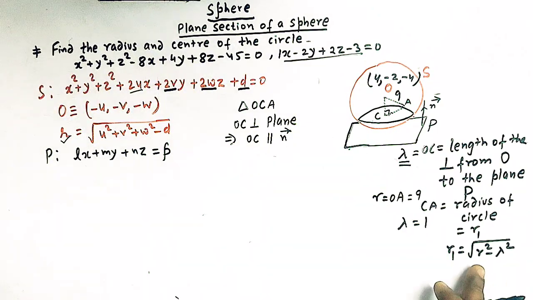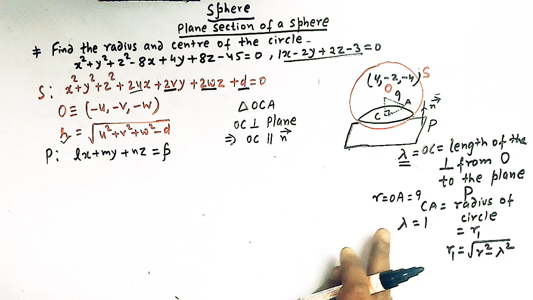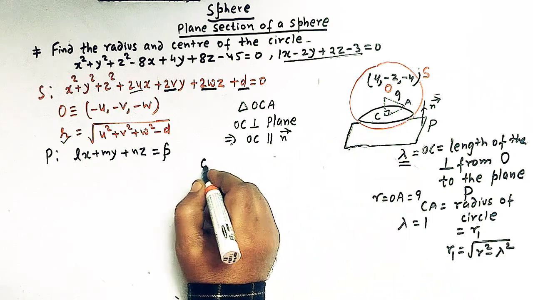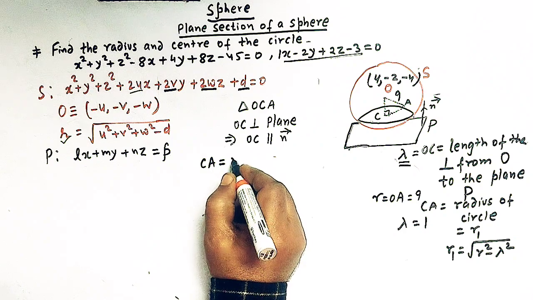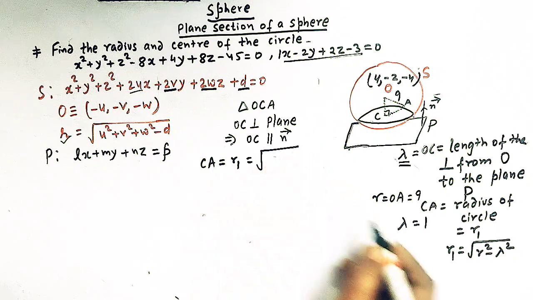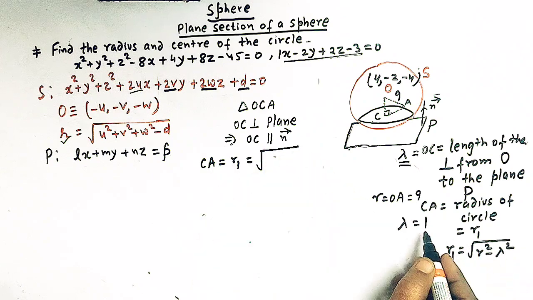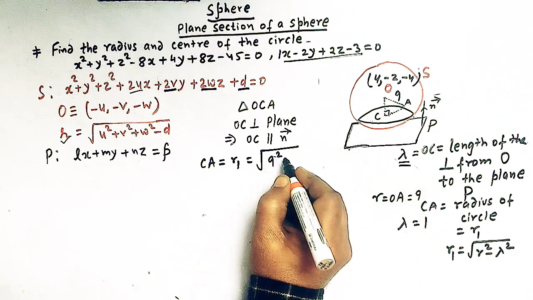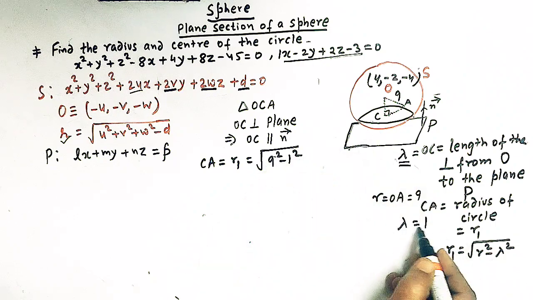So now using this result, we can find out the radius of the circle, that is CA. So CA is equal to R1, that is square root of R square minus lambda square. R is given by 9. So 9 square minus 1 square, lambda is 1.